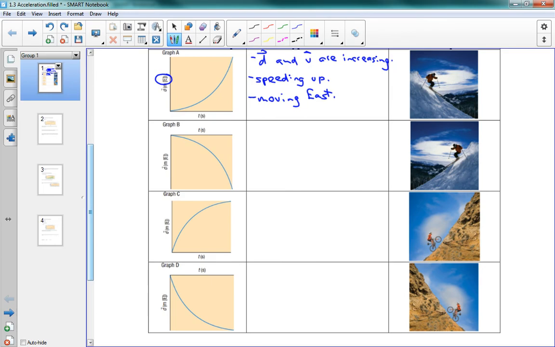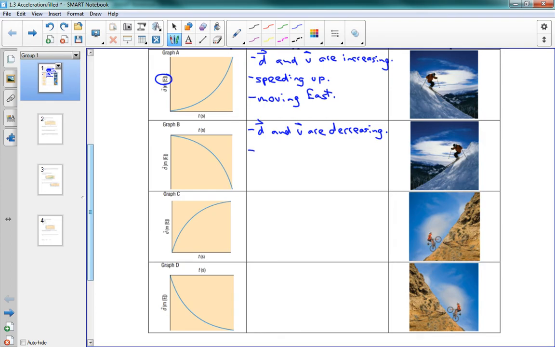Our second graph here looks kind of similar, but instead of getting larger and larger, we're getting more and more negative. So we can say that D and V are decreasing. Sort of the opposite of the last graph. Now, are we speeding up or slowing down?